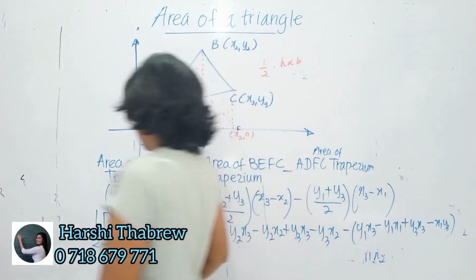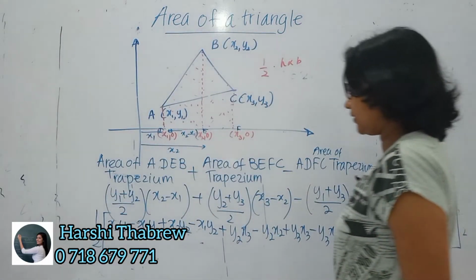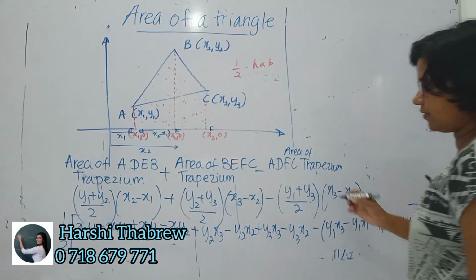Then remove brackets of that part. Here you should have another square bracket. Right, let's write down this.